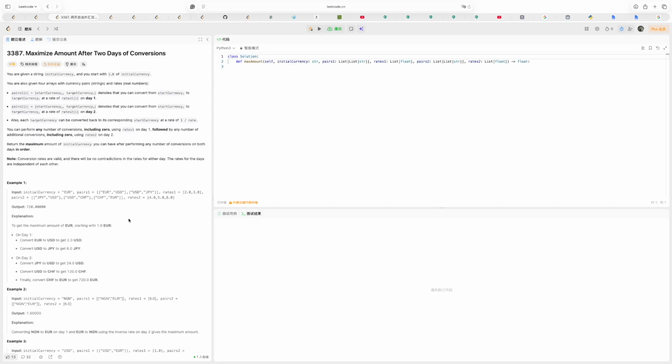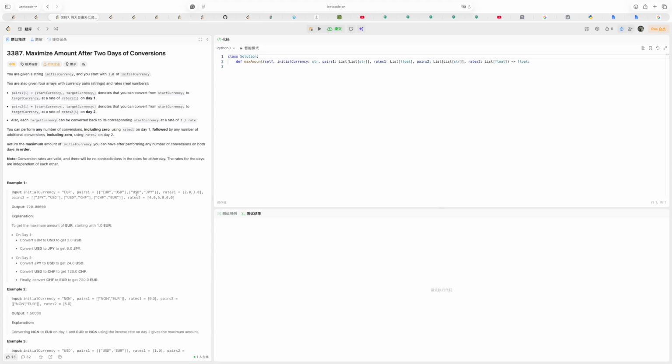To have the maximum amount of euro starting with 1.0 euro, on day 1, convert euro to USD to get 2 USD.